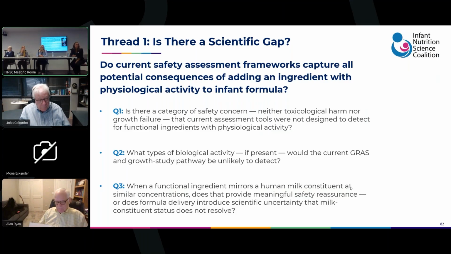Yeah, just kind of wanted to pick up on that point, Ashley, from you, Johnson. What is the purpose of the data being generated? There's an initial piece of putting an ingredient on the market where you're evaluating safety. You're not making that risk benefit assessment. But later in the process, there is also a regulatory component of setting infant formula standards of composition.